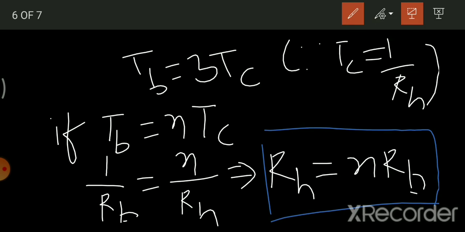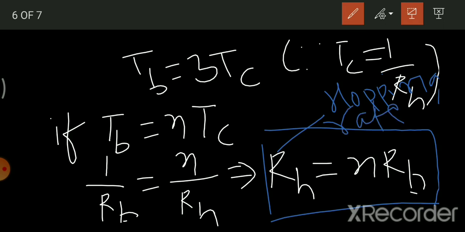So the hopping rate is n times the bit rate in fast hopping. Okay, fast FHSS. Then what is slow FHSS?